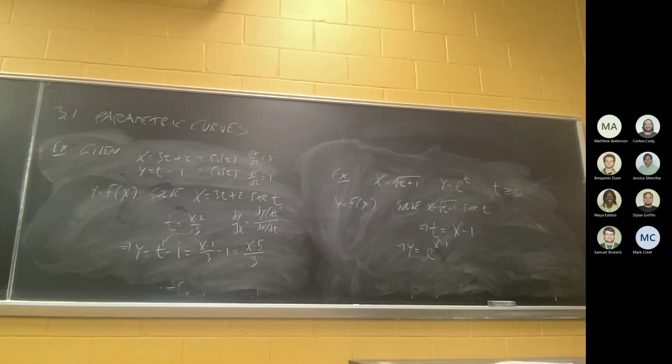Now, square root function is not one-to-one in general, but because I'm restricting to t greater than or equal to 0, on that domain the x function is one-to-one. So I will get the same curve that these parametric equations described.